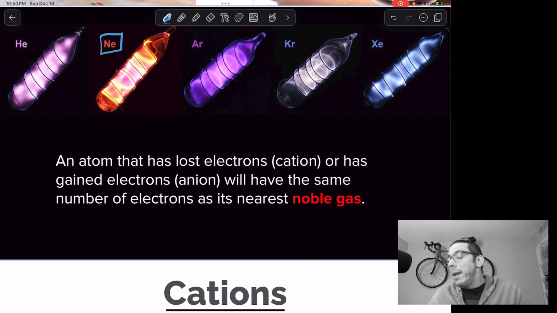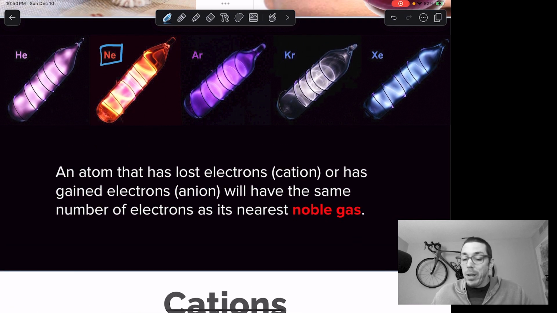So when we do have other elements forming ions, the idea is that they are trying to get their electron number to be the same as the noble gas they're closest to on the table, which will then mean that the ion and that noble gas have the exact same number of electrons.